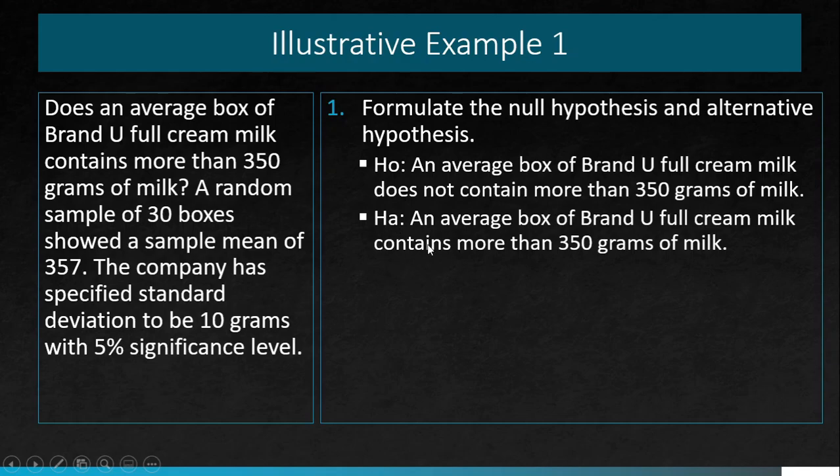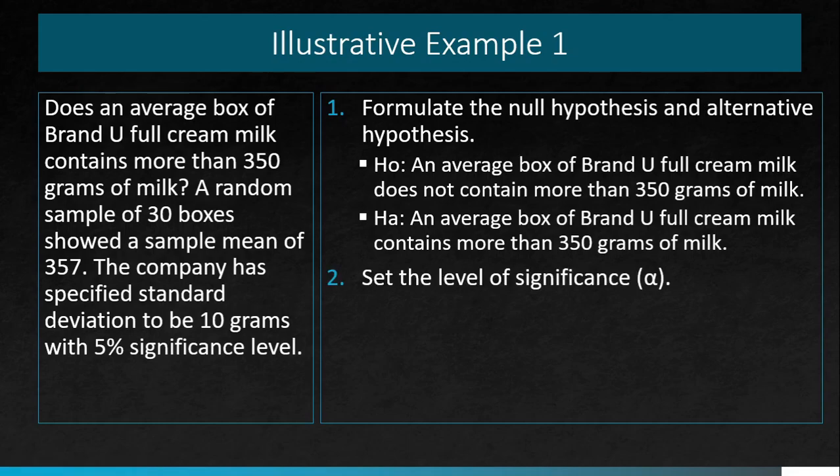Then we can state an alternative hypothesis based on that null hypothesis: that there is a significant difference between the average content of the population and the average content of the sample. You can use that if you want. But here, what we did was look for the problem, and then convert the problem into null and alternative hypotheses.